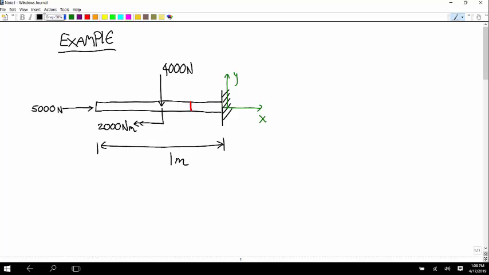If you look at the cross section, it's a rectangular cross section.